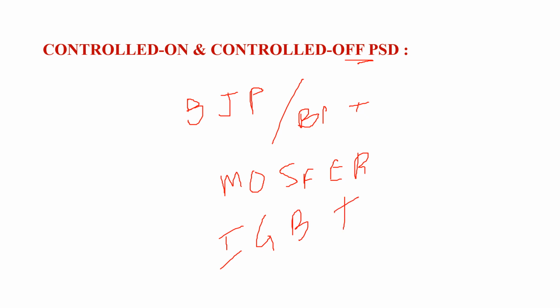These are the examples for control on and control off power semiconductor devices, that is BJT, MOSFET and IGBT.